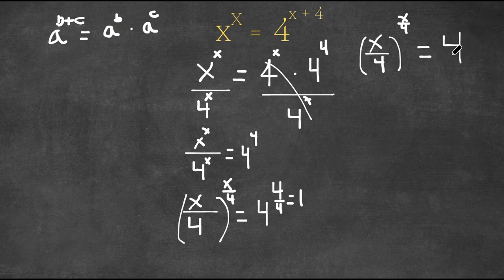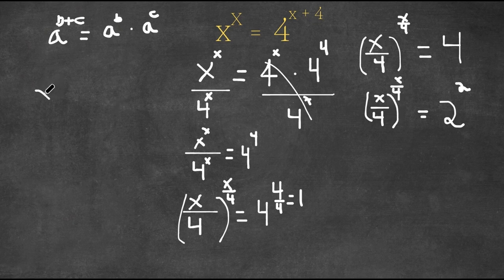Now what we're going to do is change this 4 to 2 to the power of 2. And this is still equal to x over 4 to the power of x over 4. Now, why don't we say that x over 4 is a?